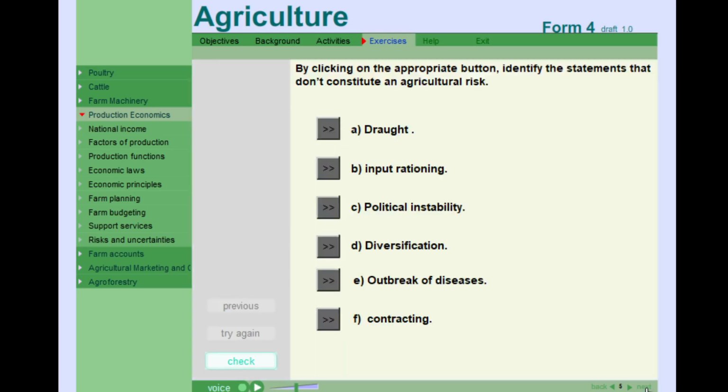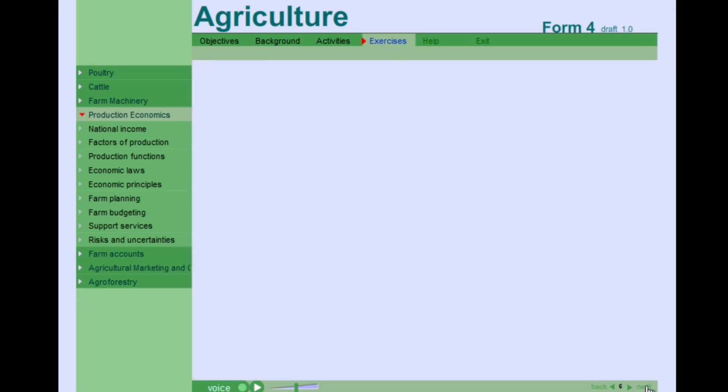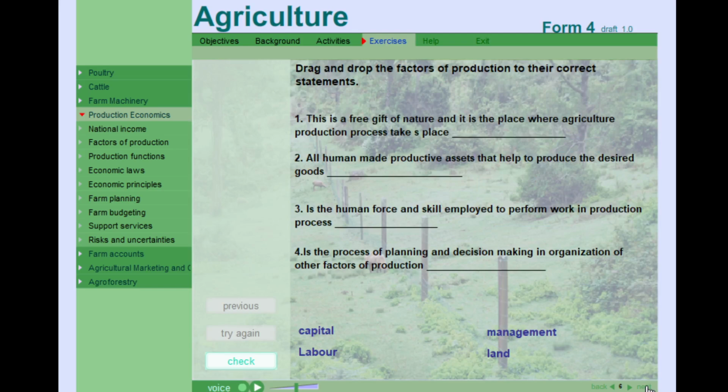By clicking on the appropriate button, identify the statements that don't constitute an agricultural risk. Drag and drop the factors of production to their correct statements.